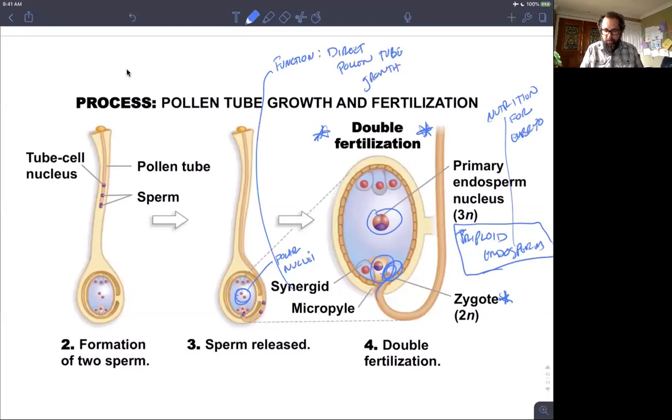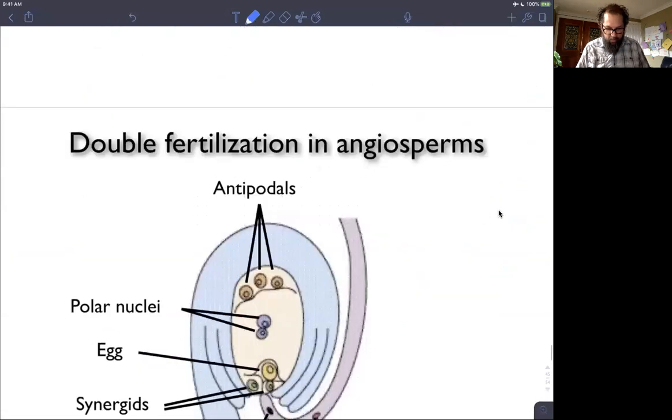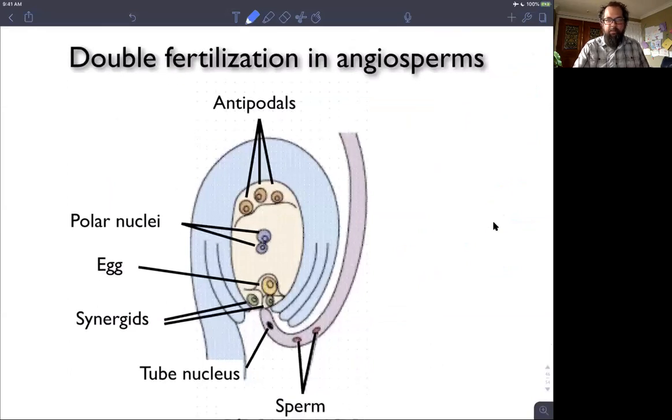The function of the egg is to form the zygote, and the function of the polar nuclei is to form the triploid endosperm, this nutritive tissue for the developing embryo. So if we take just a few different diagrams to show you this double fertilization, we've got our two sperm nuclei moving through a pollen tube, that tube growing into a synergid.